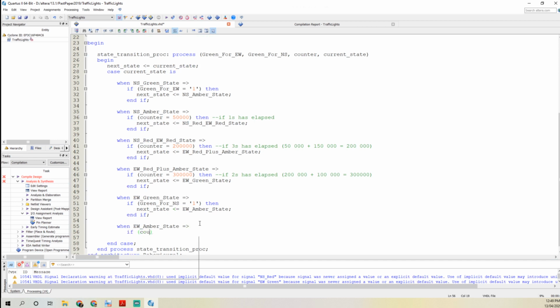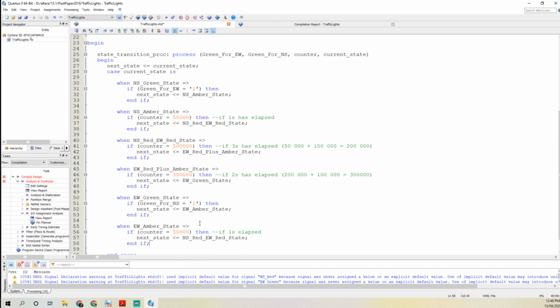So much like before, I'm saying if counter is equal to 50,000, in other words, if 1 second has elapsed, my next state is going to be equal to my state where both of these lights are red.